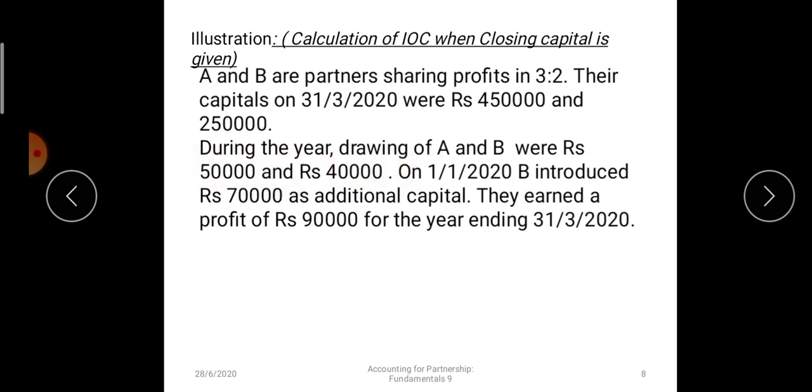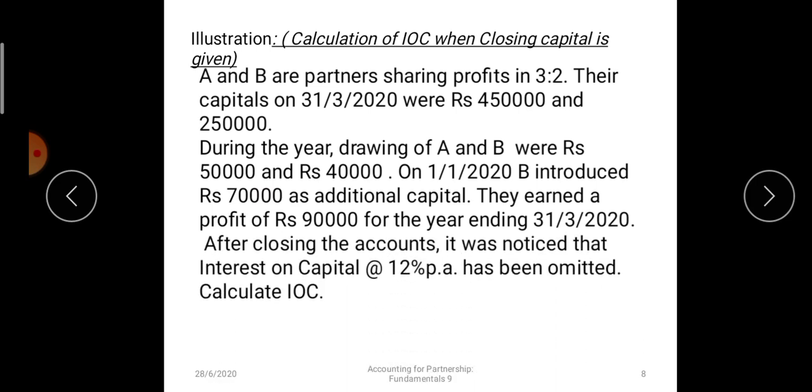And on 1st January 2020, after 9 months, for the last 3 months, B introduced a capital of 70,000. They earned a profit of 70,000 for the year. Interest on capital is allowed at 12%. See, 12% makes calculation easy. In the board it can be anything, 5%, 6%, 8%. Just to make our calculation easy, I am taking 12%.